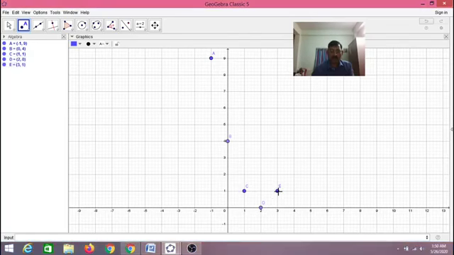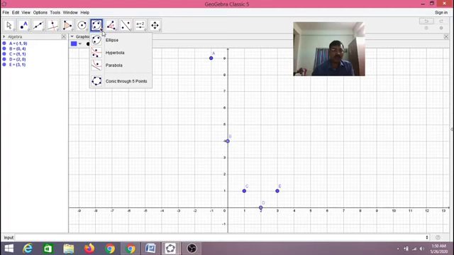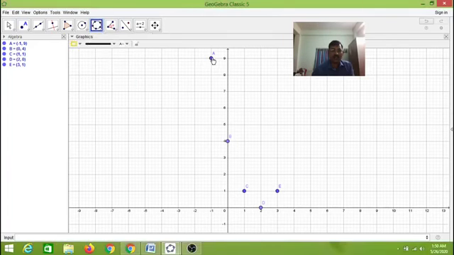Can you guess what will be the next point? It will be 4 comma 4. Right, now first let us plot the graph and observe whether our expectation is correct or not. Now let us try to understand this.